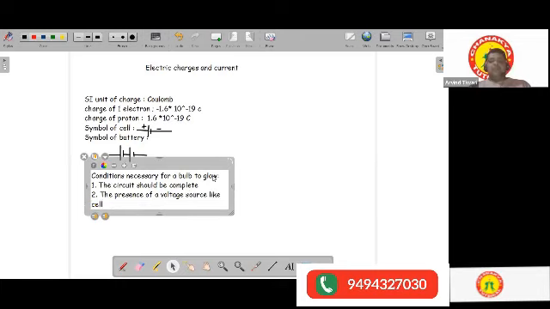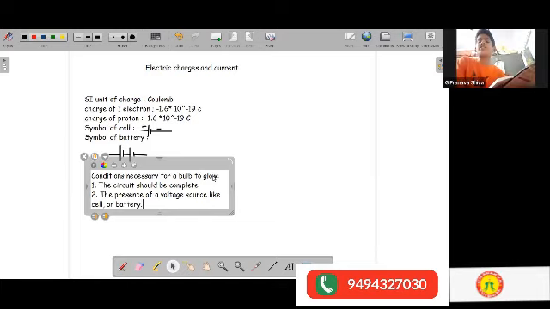So there should be a voltage source present in the circuit, which can be a cell or a battery. Then only the circuit will be complete, and then only the bulb will glow.